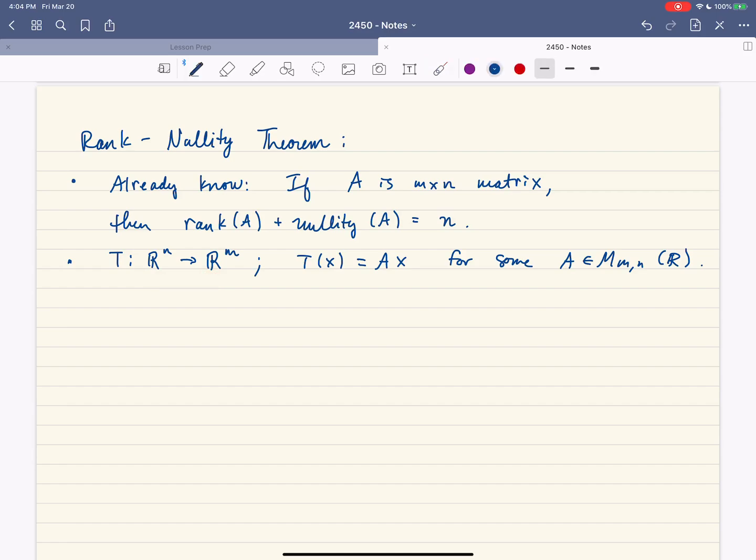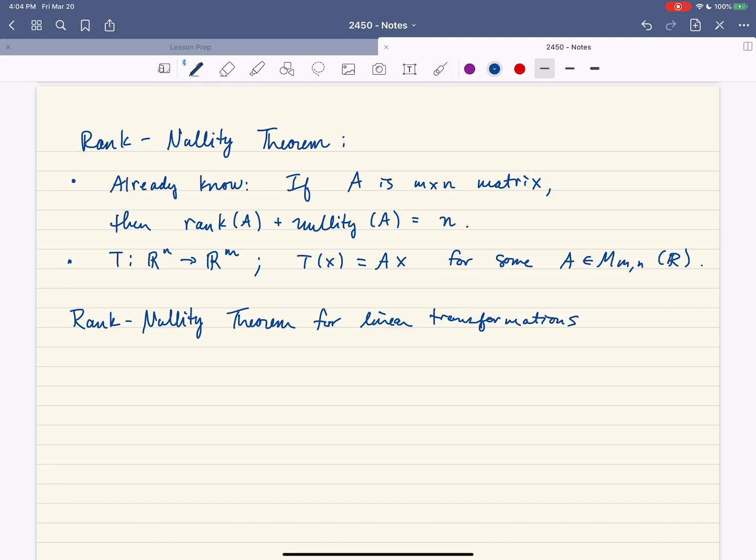And this rank nullity theorem is actually a subset of the general rank nullity theorem for this particular linear transformation. So what I want to do is tell you the rank nullity theorem for linear transformations over general vector spaces.